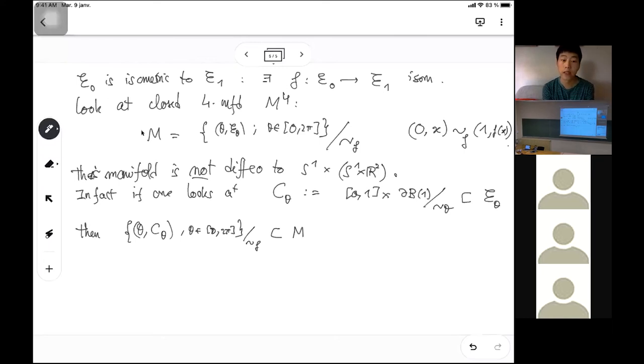So that's a submanifold of your 4-dimensional manifold. It's a 3-dimensional manifold. And in fact, it's a 3-dimensional manifold which is a T2 bundle over S1.